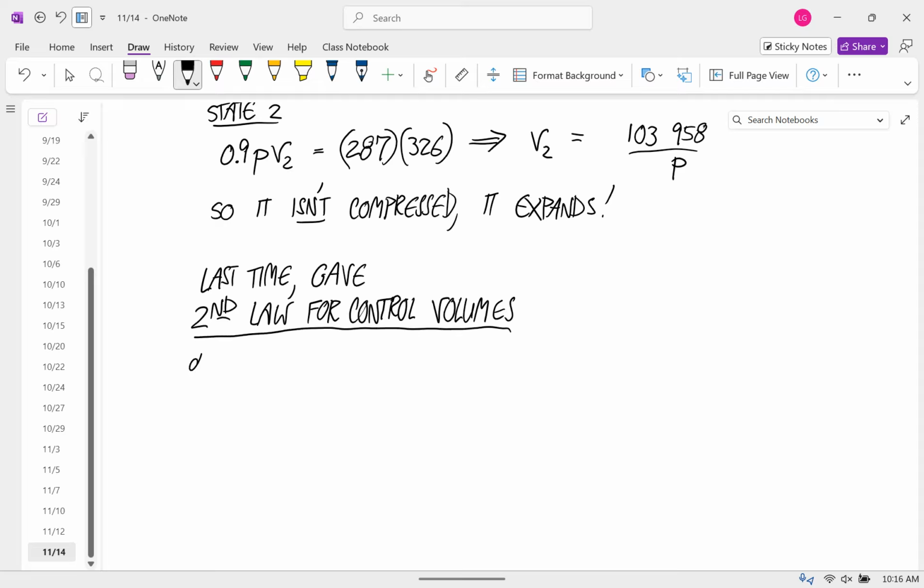And that says that the time derivative of the extensive entropy is equal to the sum of all the rates of heat transfer divided by the temperature around the boundary, plus the rate of mass flow in the inlet times the specific entropy at the inlet, minus the mass flow rate at the exit times the specific entropy at the exit, plus the rate of entropy production.